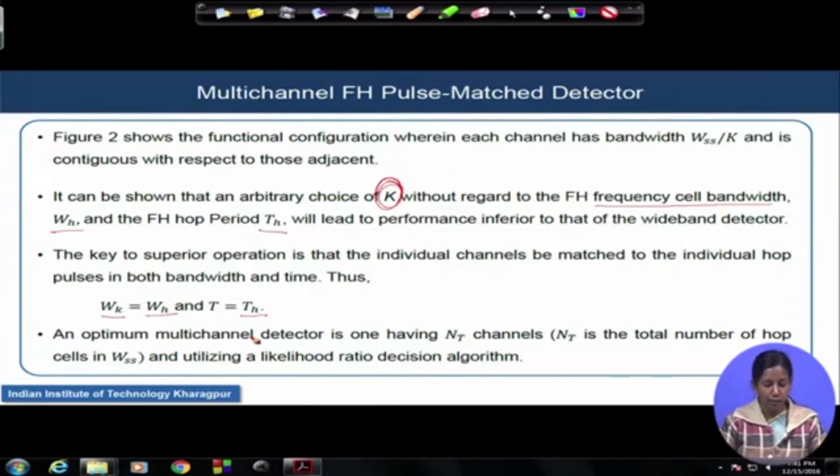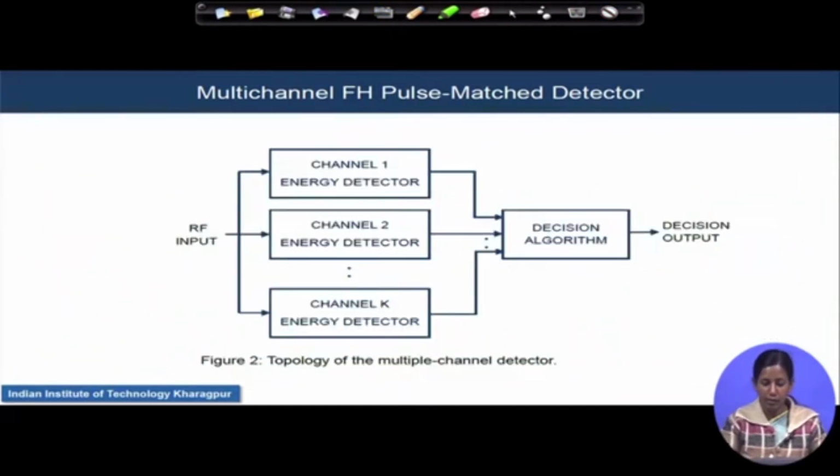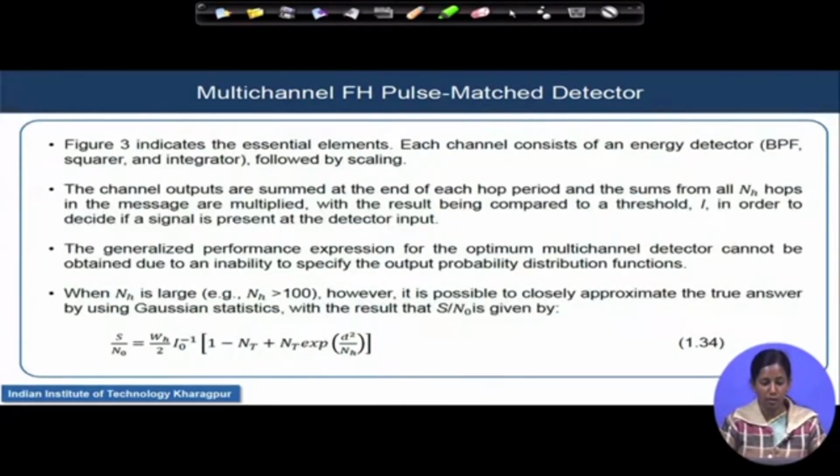So finally, an optimum multi-channel detector will have NT channels, where NT is the total number of hopping cells in WSS, and it will utilize the likelihood ratio decision algorithm inside the decision block that we have seen earlier. So the likelihood estimator based decision algorithm gives you the final decision for such a circuit.